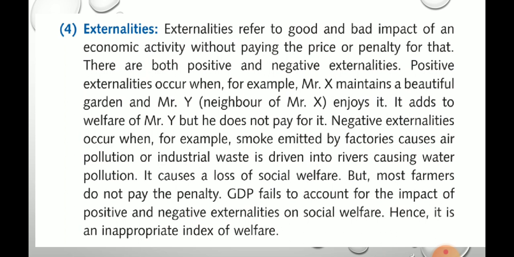Many people's health is affected because of these production units, but they are not going to pay any penalty. So these types of production work and their impact are not considered. These are known as negative externalities.